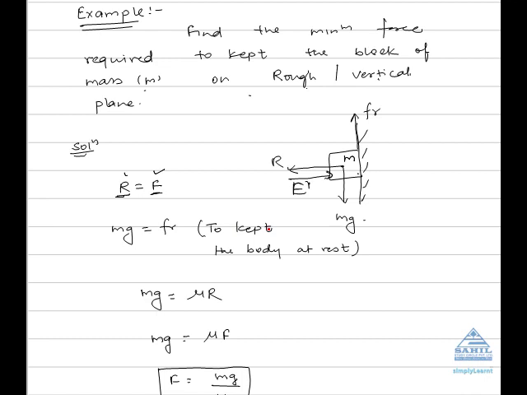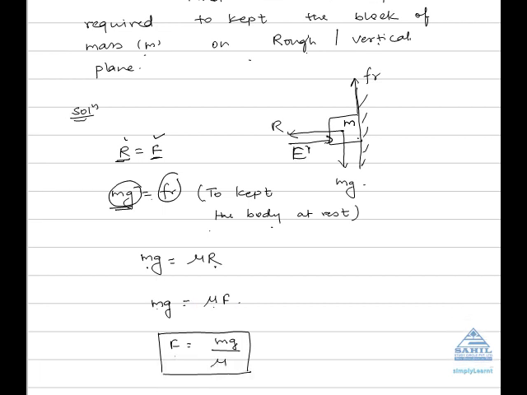To keep the body at rest, the weight which is acting vertically downward must be equal to the friction force which opposes the fall of the body. Means mg is equal to mu into R, where R is equal to F, so mg is equal to mu into F. The force necessary to keep the body at rest on the vertical wall is given by F is equal to mg upon mu.